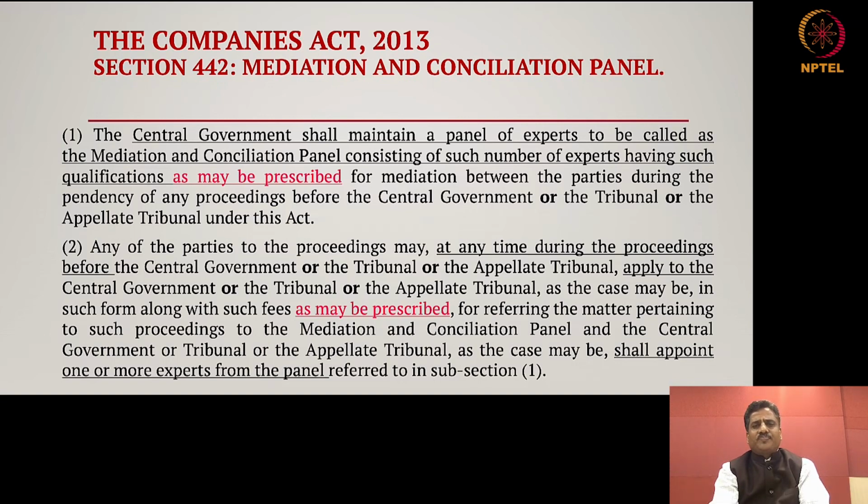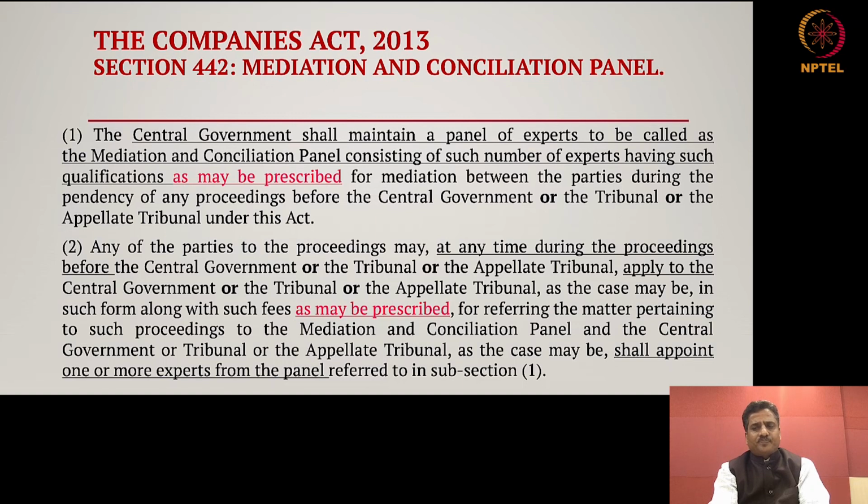So it means the central government shall maintain the panel of experts called the mediation and conciliation panel, and the concerned parties, in a case pending before the central government or tribunal or appellate tribunal, may apply in the prescribed format with the prescribed fees.